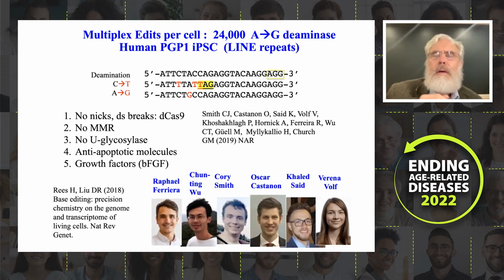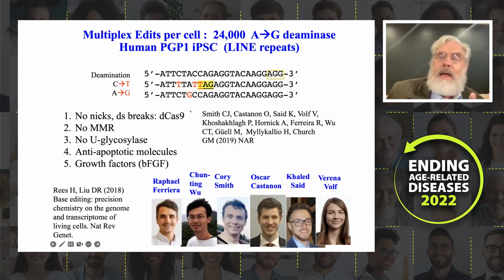Let's see that we have here an adenosine deaminase, so A to G transitions are made. That's relatively non-toxic. You can make 24,000 edits simultaneously using a guide RNA that's aimed at, let's say, changing this A to this G just down below it. So on the left-hand side, there's an A to G transition.